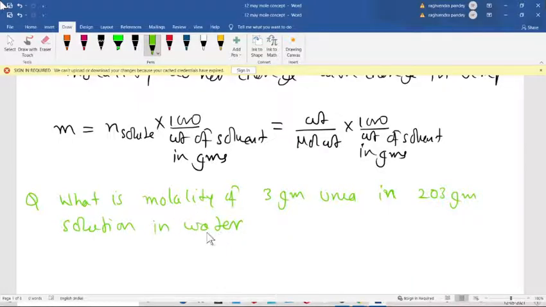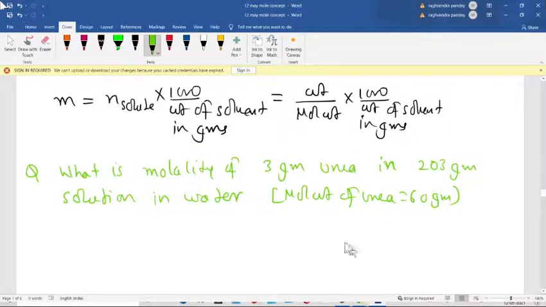Okay, so this is the question. The molecular weight of urea is 60 grams. Okay, this is the question. Quickly find its answer.